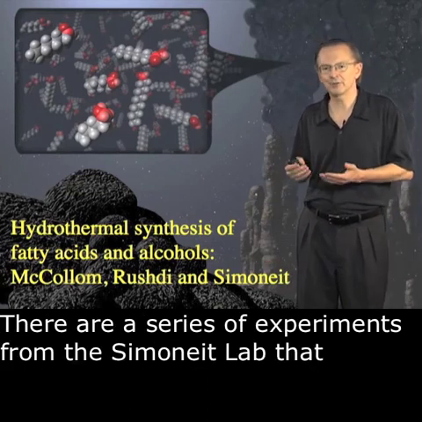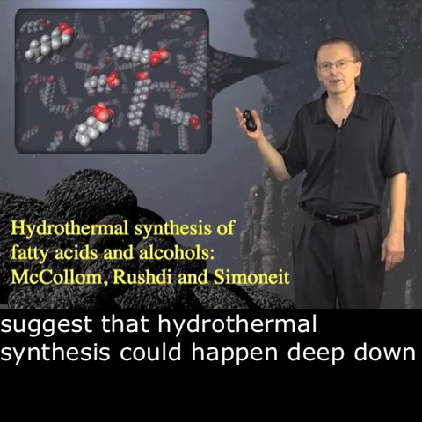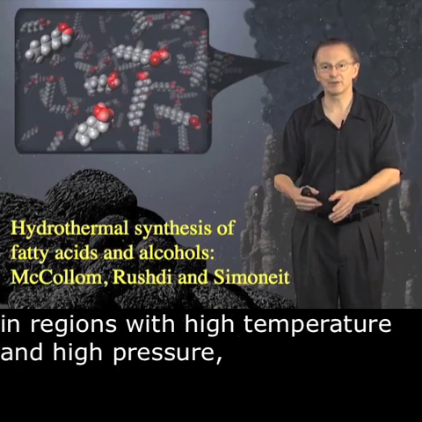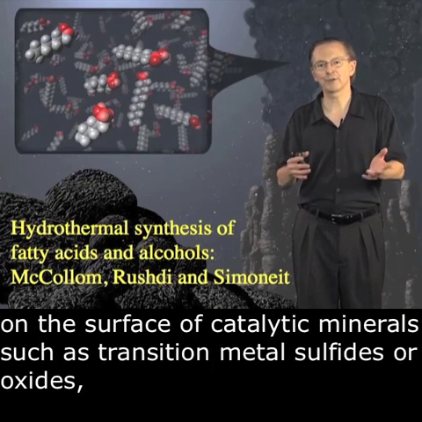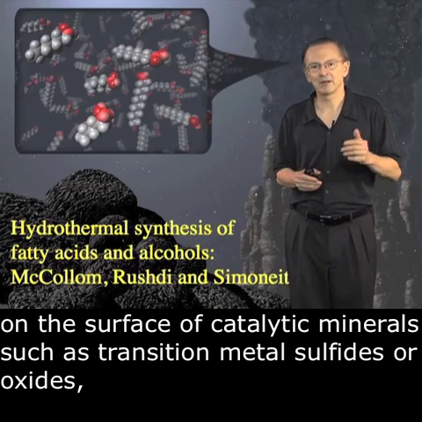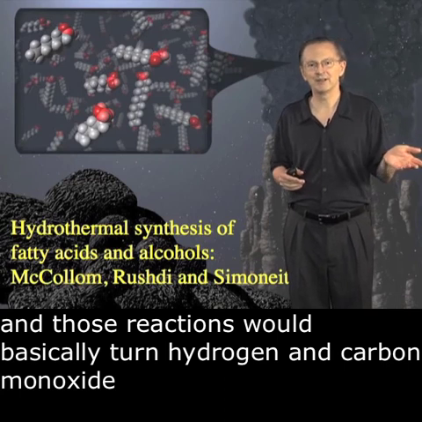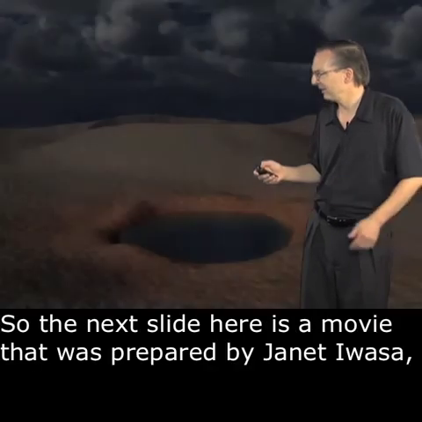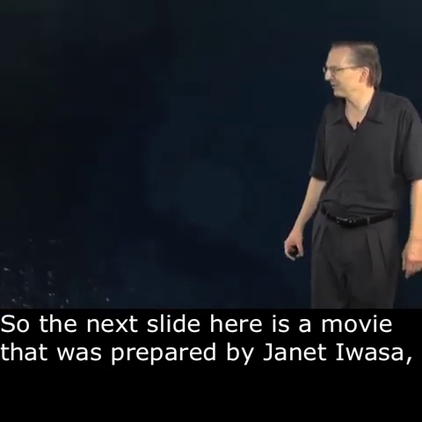There are a series of experiments from the Simoneit lab that suggest that hydrothermal synthesis could happen deep down in regions with high temperature and high pressure on the surface of catalytic minerals such as transition metal sulfides or oxides, and those reactions would basically turn hydrogen and carbon monoxide into fatty acids and related compounds. Okay, so the next slide here is a movie that was prepared by Janet Iwasa that illustrates this process.